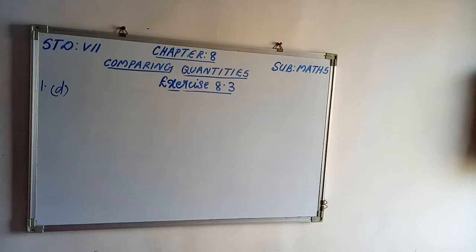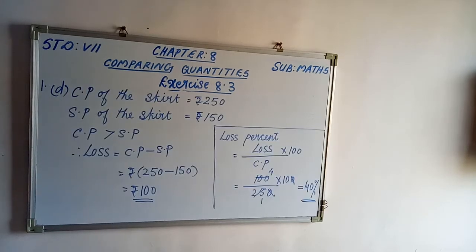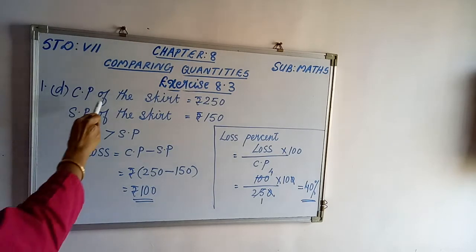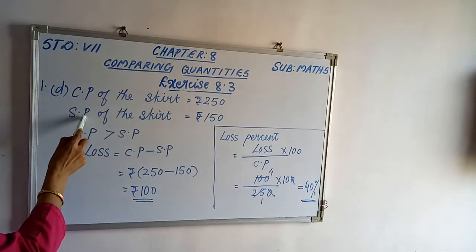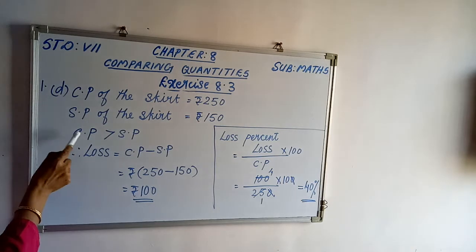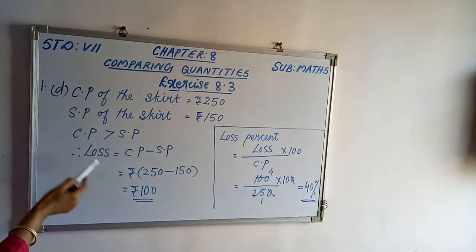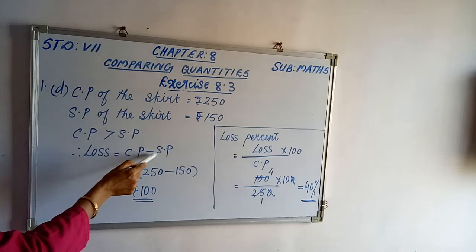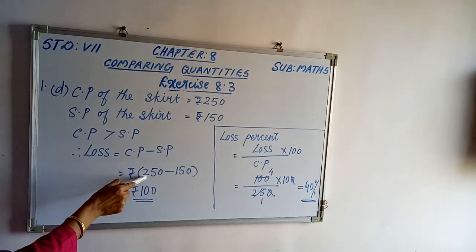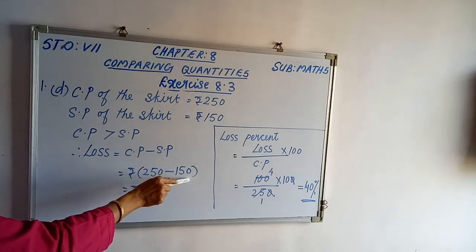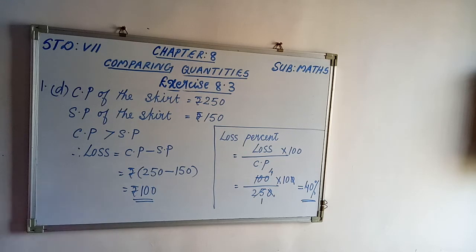So we can find out the loss and then loss percentage. Cost price of the skirt 250, selling price 150. Cost price greater than selling price, therefore loss is equal to cost price minus selling price. Rupees 250 minus rupees 150. That's equal to rupees 100.